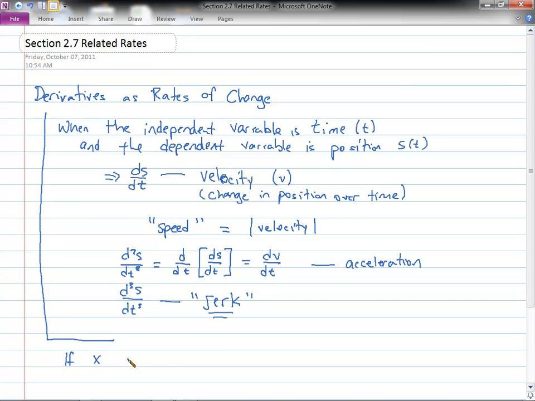If, say, x has one unit, think length or volume or whatever, and y has another unit, then dy/dx will have the units of y per units of x.